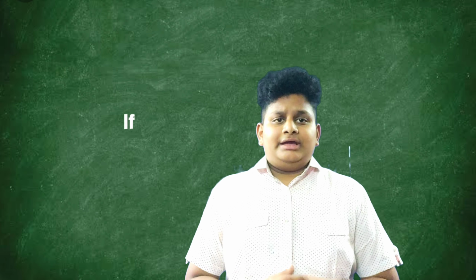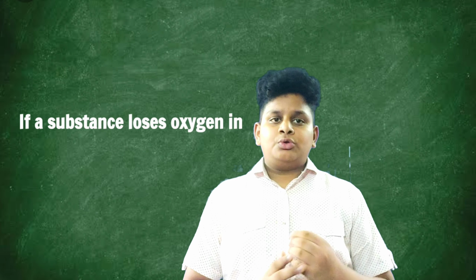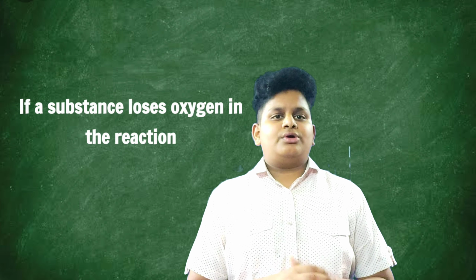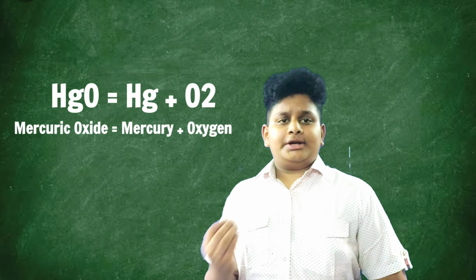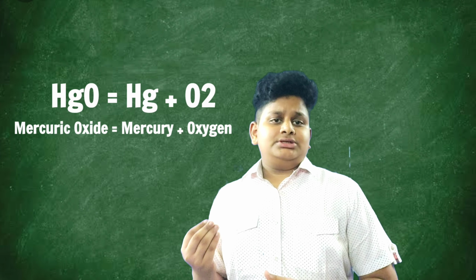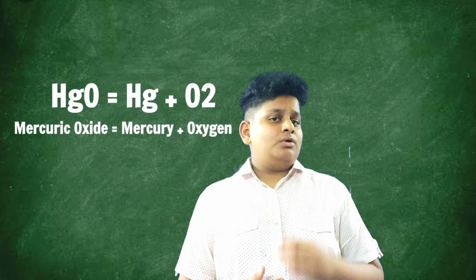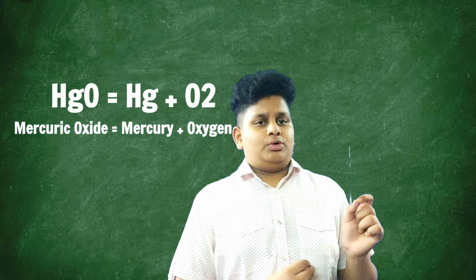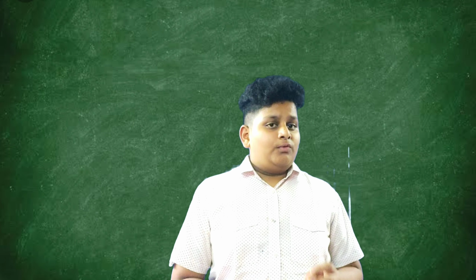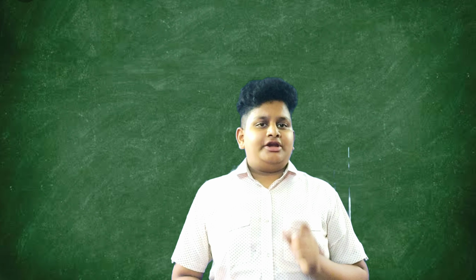Reduction: in a reaction, if the substance loses oxygen, then it is known as reduction. Take an example. If you have mercury oxide, HgO, and it loses oxygen, then it will be Hg, mercury, plus O2, oxygen. Till now, we saw oxidation and reduction in terms of oxygen.